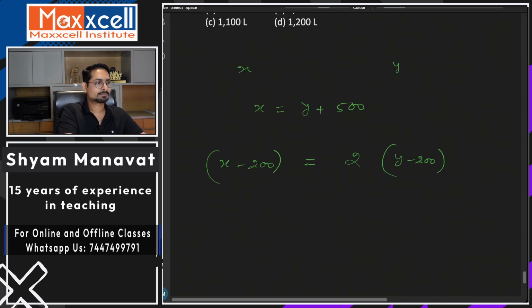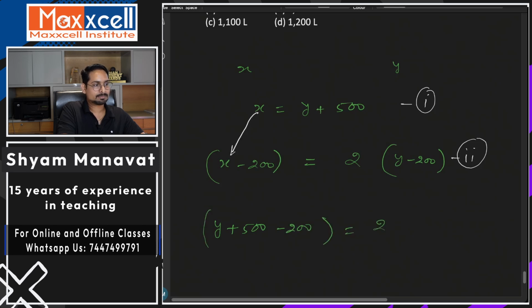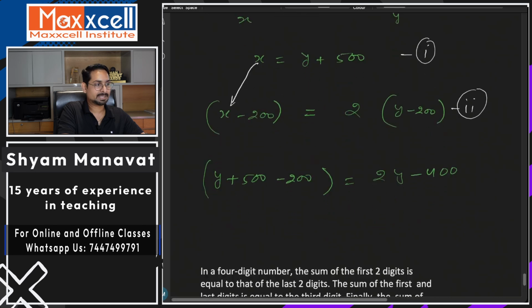Coming back to this, we got two simple, very easy equations where I can substitute the value of X from equation number 1 into equation number 2. I get Y plus 500 minus 200 equal to twice of, let me open the bracket, 2Y minus 400.